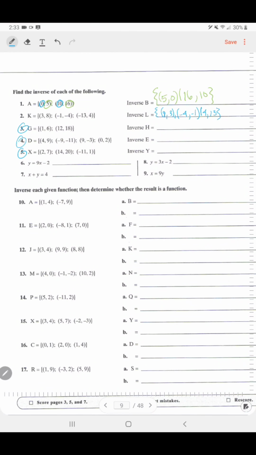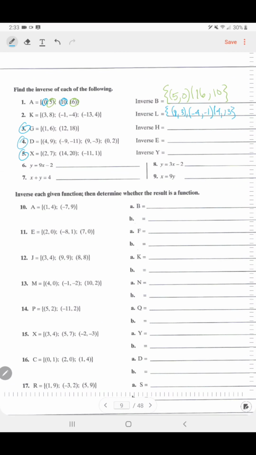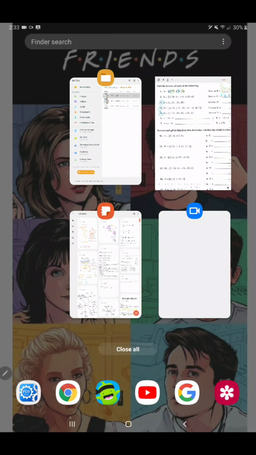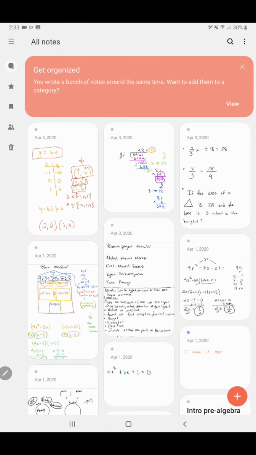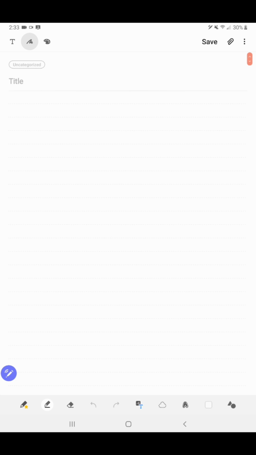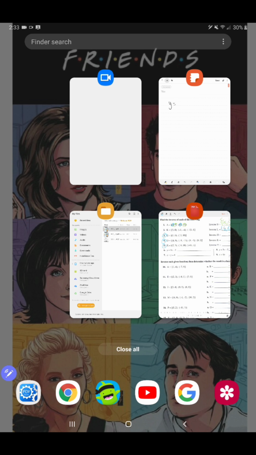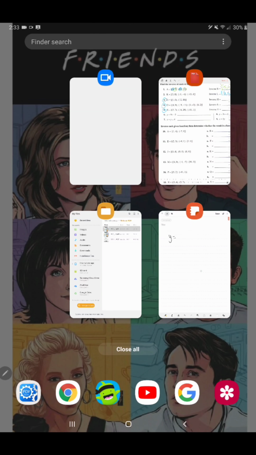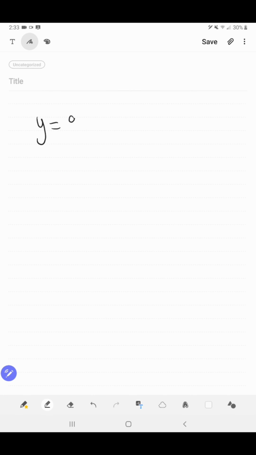Okay, so for number 6, let's go to the notebook. So Y equals 9X minus 2. So what are you going to do?